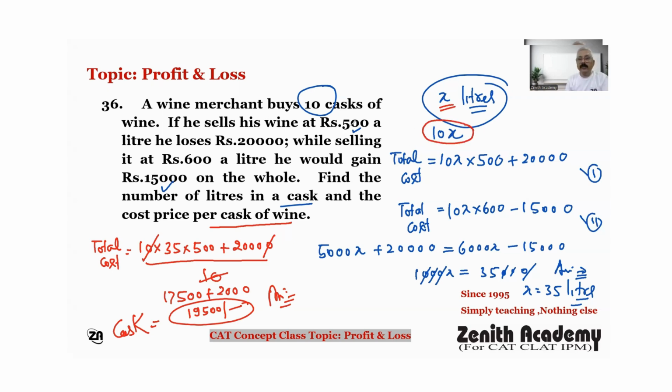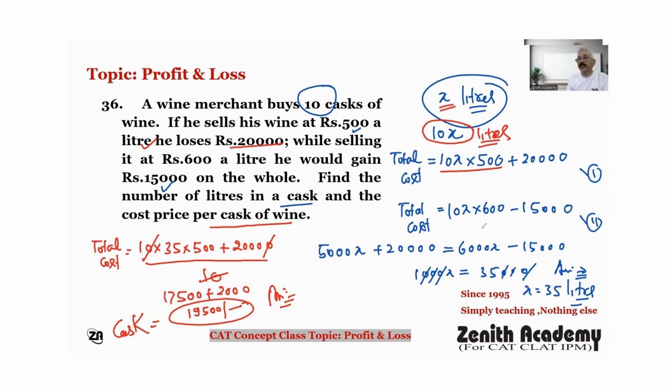If he sells his wine at rupees 500 a liter, he loses rupees 20,000. So 10x into 500 is the total revenue generated when selling the wine at rupees 500 per liter. But it is 20,000 rupees short. So plus 20,000 is equal to the total cost.